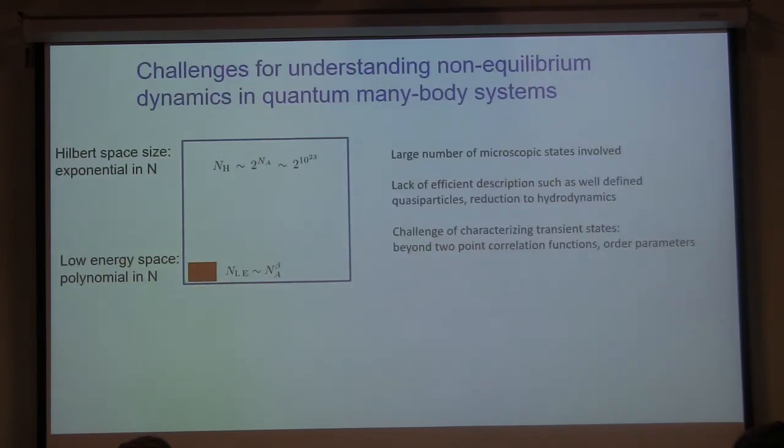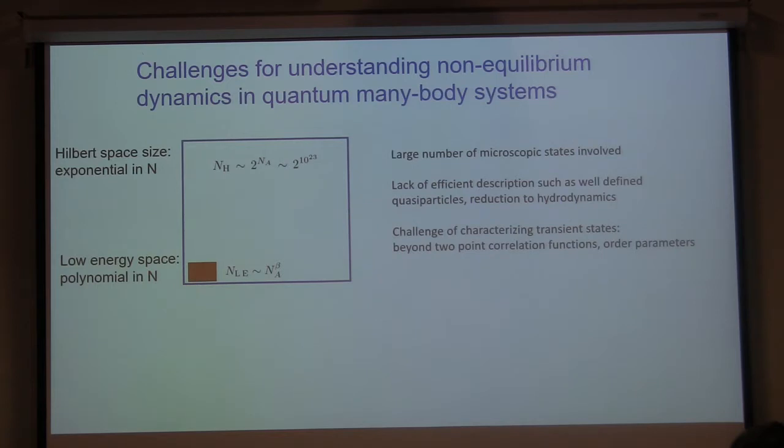Again, just to point out the challenge of understanding dynamics in contrast to dynamics near equilibrium, to what we can study using linear response, is the type of problems that we have to solve.